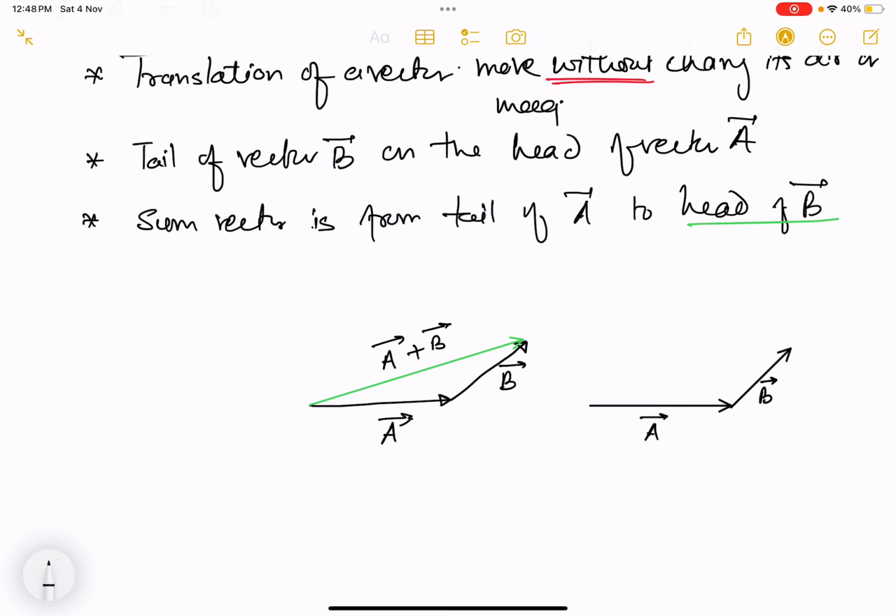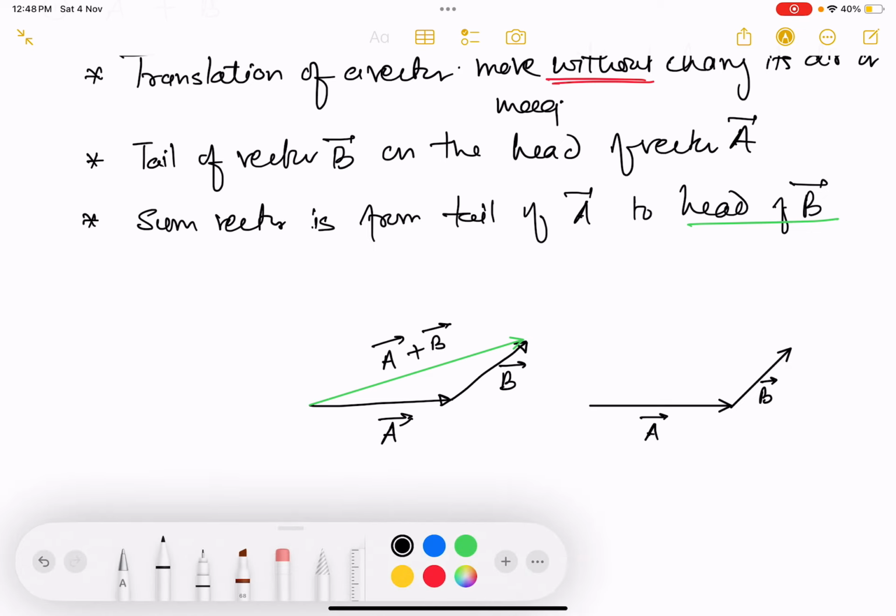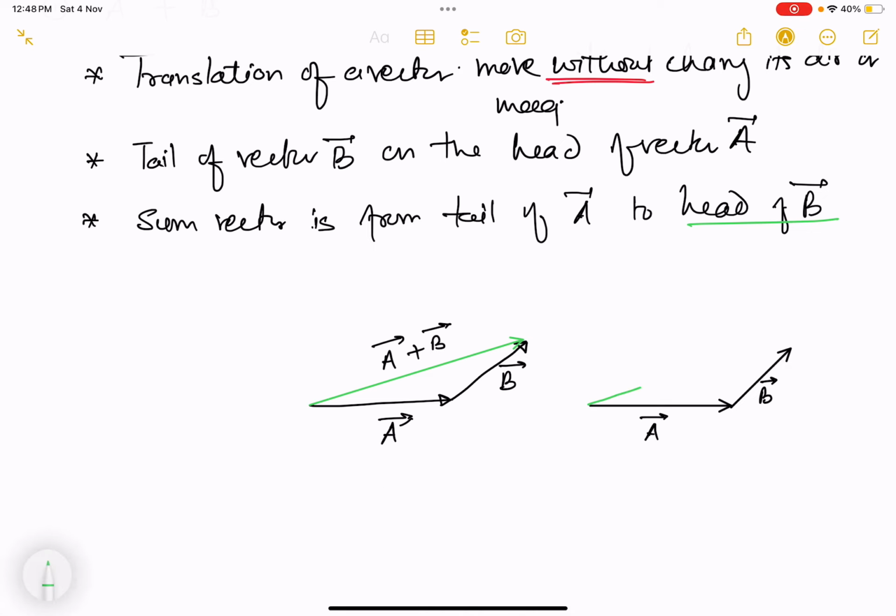From the tail of A to the head of B. You can speak in between, no issue. So I can draw a vector from here to here, and this is going to be my vector A plus vector B. You can redraw it, as long as the direction and magnitude of A and the direction and magnitude of B are the same. As long as that is maintained, it is A plus B.